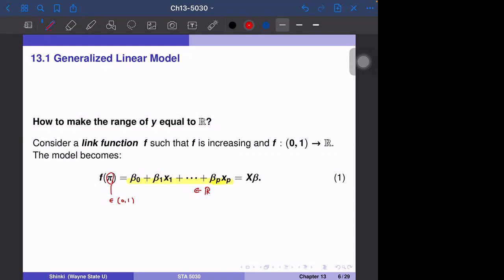So we think about a function f from (0, 1) to the entire real numbers, negative infinity to positive infinity, so that this model works well. Suppose a larger x1 means more success. Then if x1 gets larger and larger, the probability of y equal to 1 should still not exceed 1, but approach 1, such as 0.9 or 0.99. If we think about this function f, then we can model this situation well.